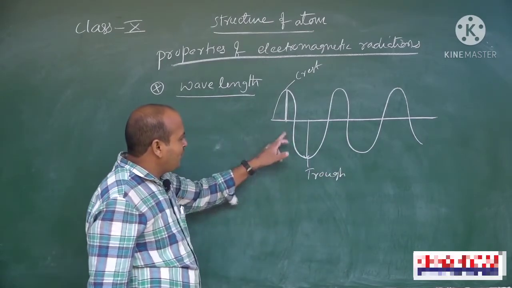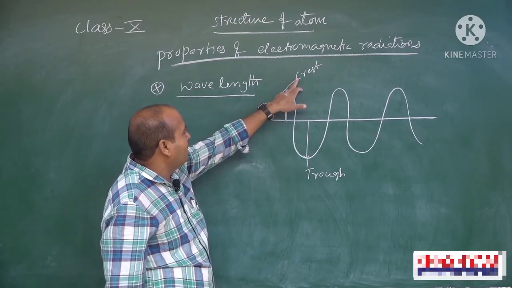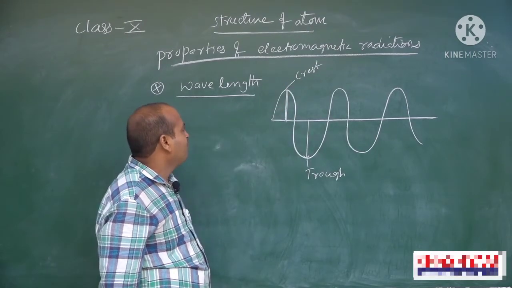The downward displacement is called trough, and the upward displacement is called crest.